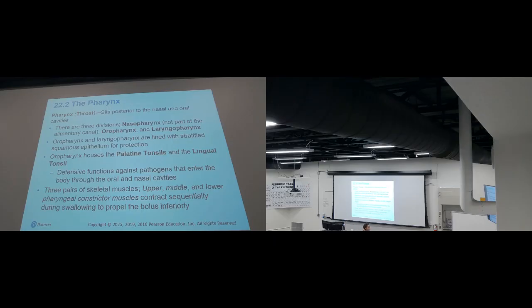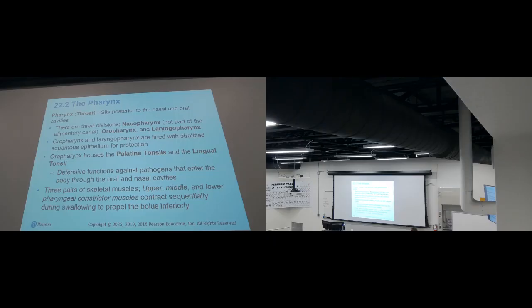Now for the pharynx. For the pharynx, we have three regions that we already know from the respiratory system. The upper region, which is the nasopharynx, is just directly posterior to the opening of the nose, which is the choana. And then we have the oropharynx, which is directly posterior to the opening of the oral cavity.